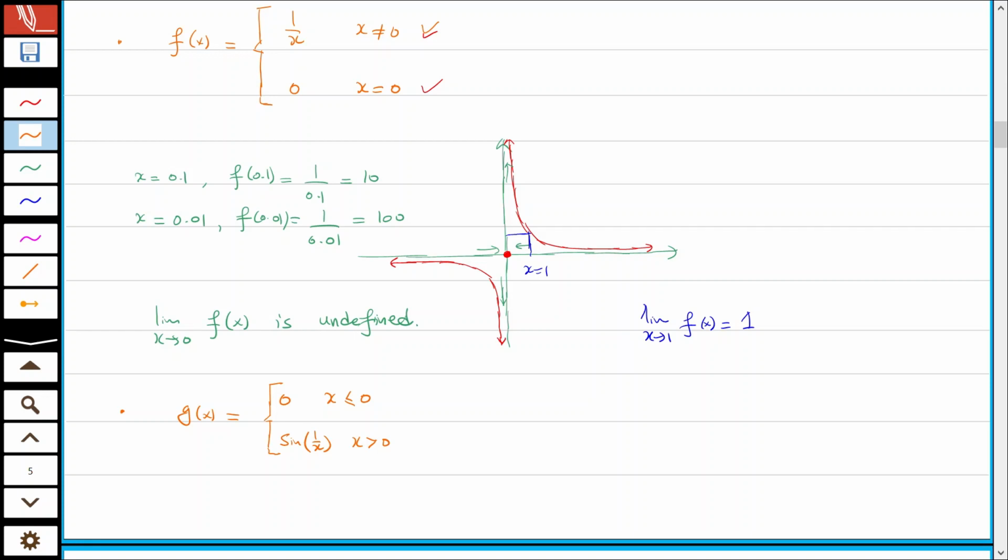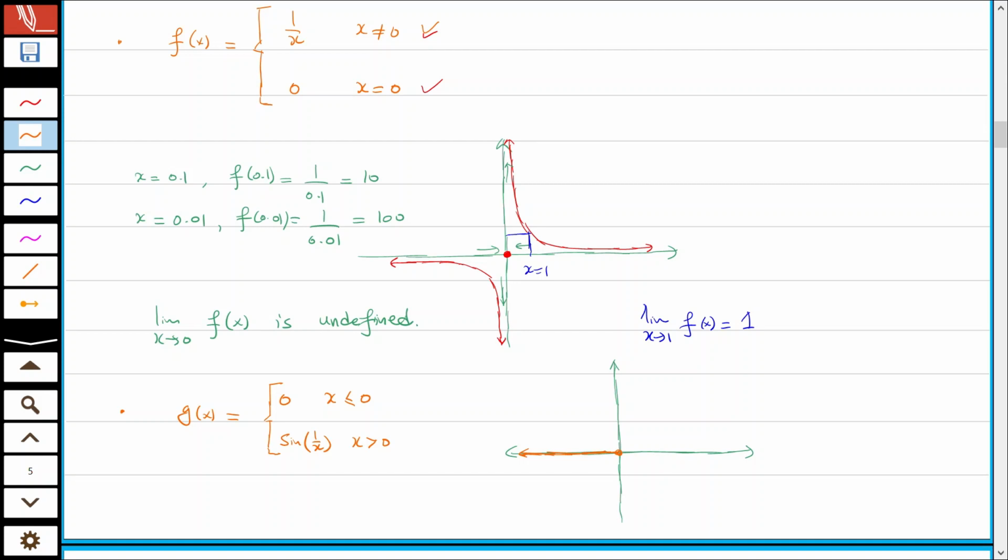Let's see what's happening here. The function has a 0 value for any x less than 0, including 0. This orange part is part of the graph, and it keeps going towards the left side.